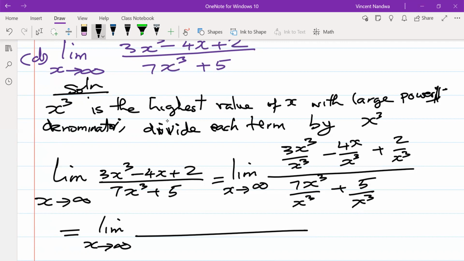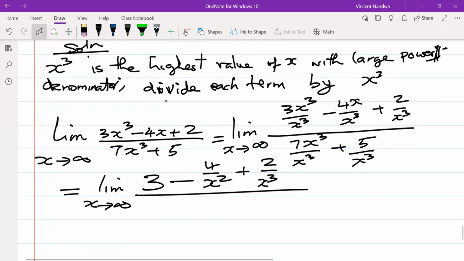So 3x cubed over x cubed is just 3. And then 4x over x cubed, and then plus 2 over x cubed. And then in the denominator, 7 plus 5 over x cubed.